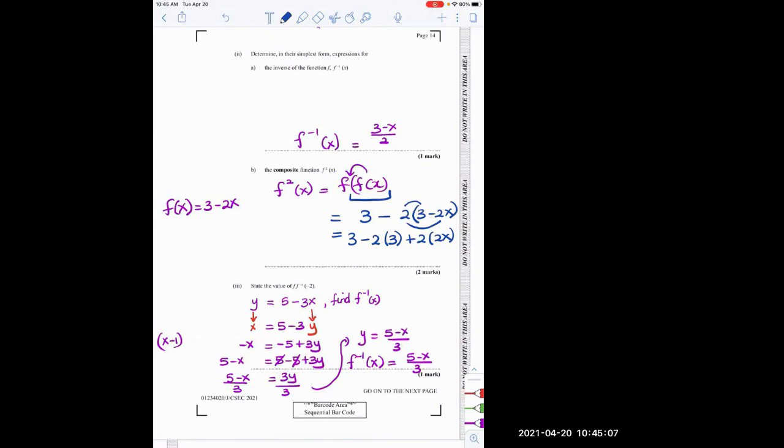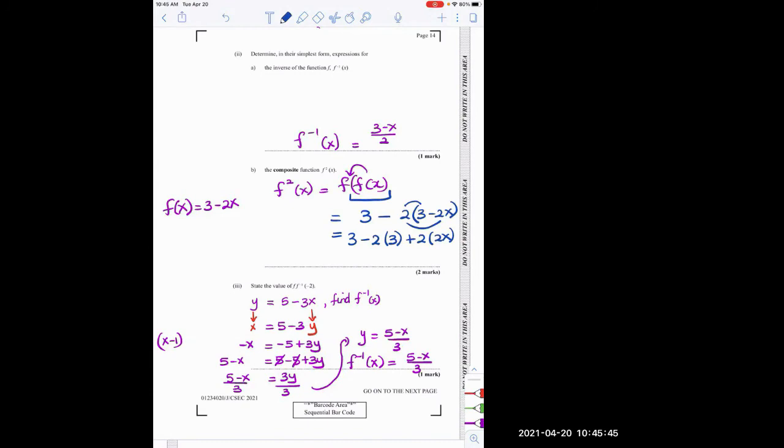Miss, you'll get negative 3 minus 3 minus 6 plus 4x.